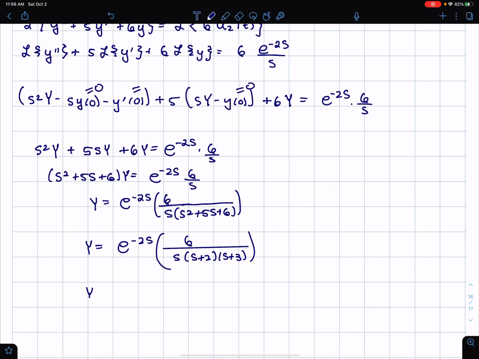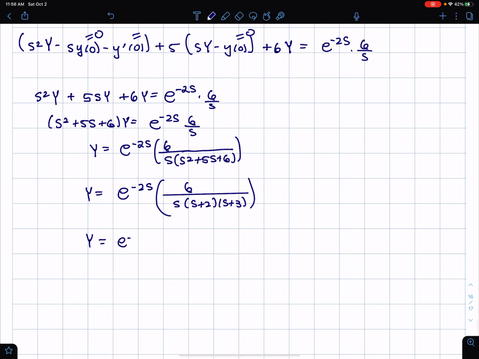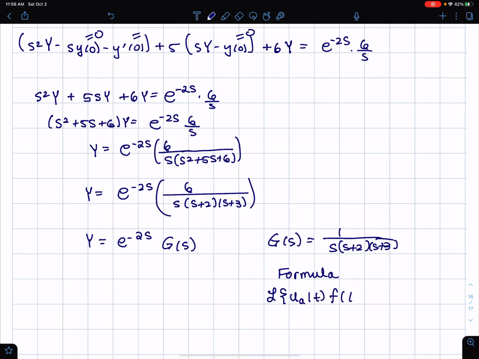One way you can do this then is you can write this as Y equals e to the negative 2s times G(s), where G(s) is equal to 1 over (s plus 2)(s plus 3). And we have a formula that says the Laplace transform of the unit step function times g(t minus a) is equal to e to the negative as times G(s).